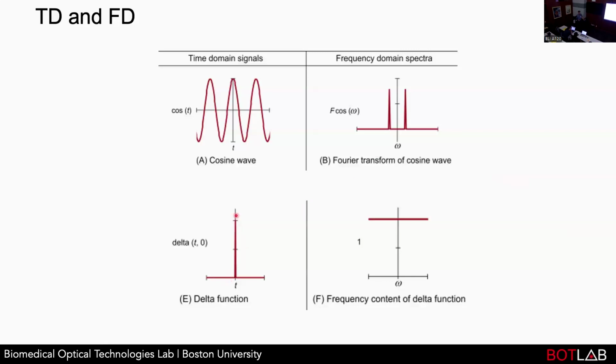Likewise, if you have a delta function, an impulse function, sort of like the picosecond pulse we have in time domain, you have frequency content that's spread out evenly over all frequencies if that pulse is infinitely narrow. Now, as that pulse broadens, the frequencies roll off. But in time frequency domain, we're basically picking off some of these frequencies that are captured in time domain and using those to calculate optical properties. So the time frequency domain captures some portion of the information that's available in the time domain.